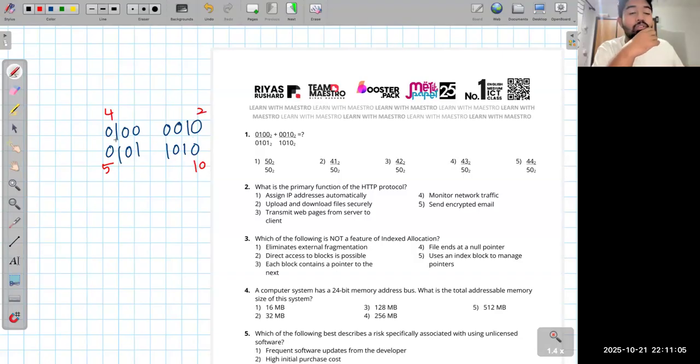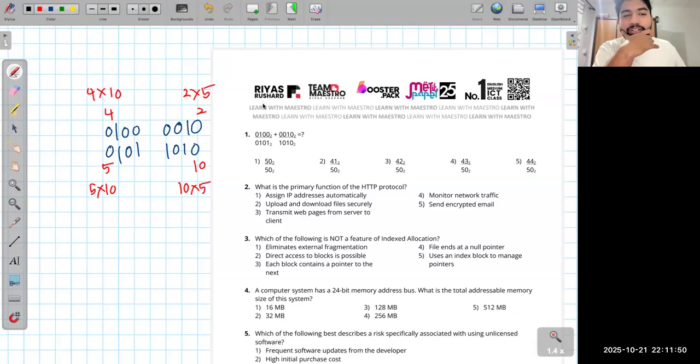If I want to make a common denominator, I get 50. So 5 into 10, 10 into 5, 4 into 5 and 2 into 10, 2 into 5, 4 into 10 and 2 into 5. I think it should be in this way. Let's see.